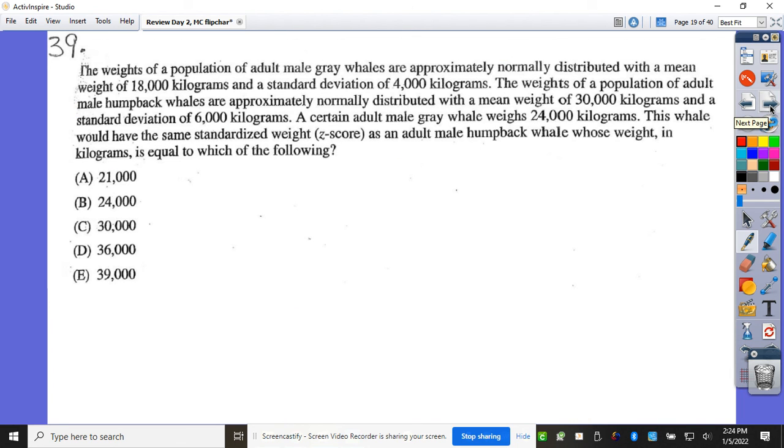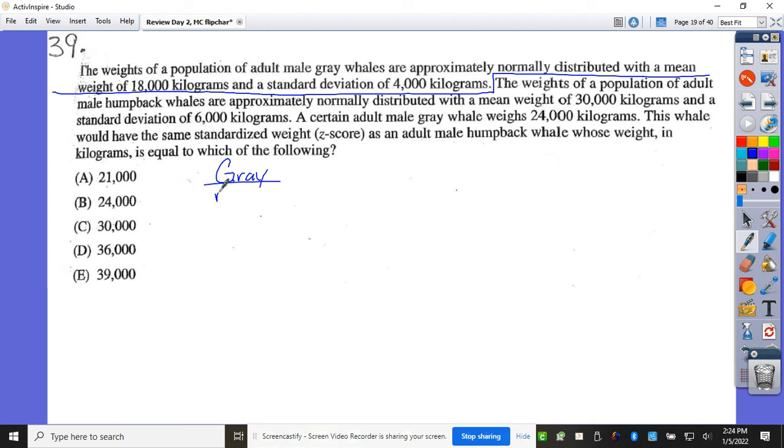$39. Alright, so 39 gives us a whole bunch of information. The weights of the population of adult male gray whales. So this whole first sentence is talking about adult male gray whales.